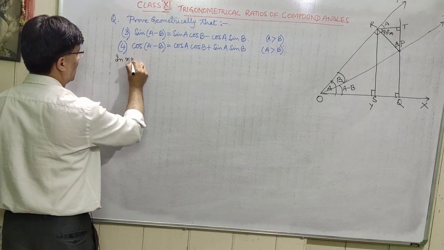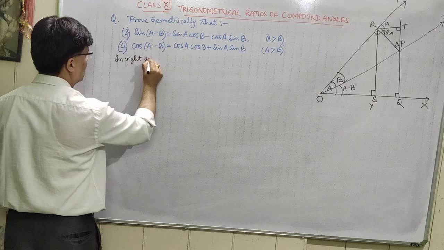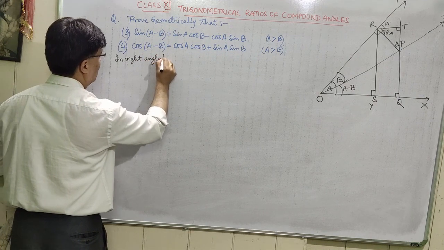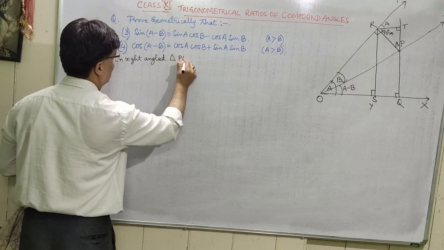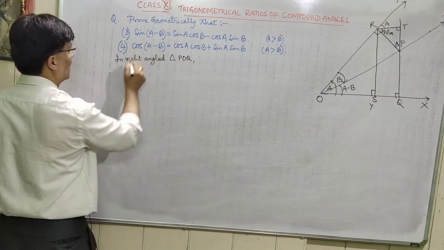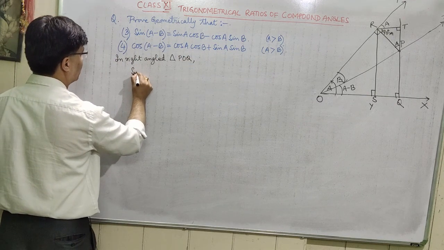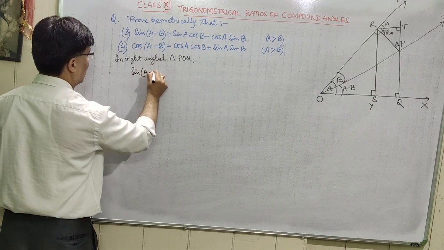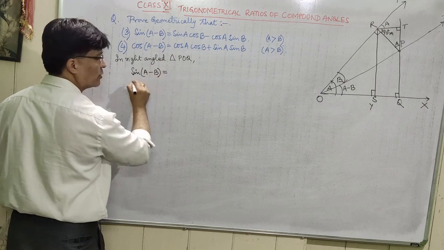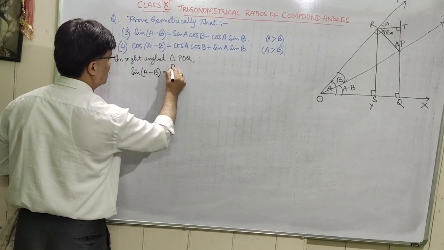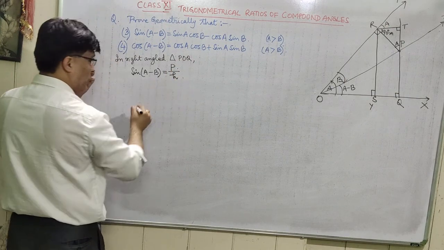In right angled triangle POQ, let us first prove sine of A minus B. So sine of A minus B is equal to perpendicular upon hypotenuse.